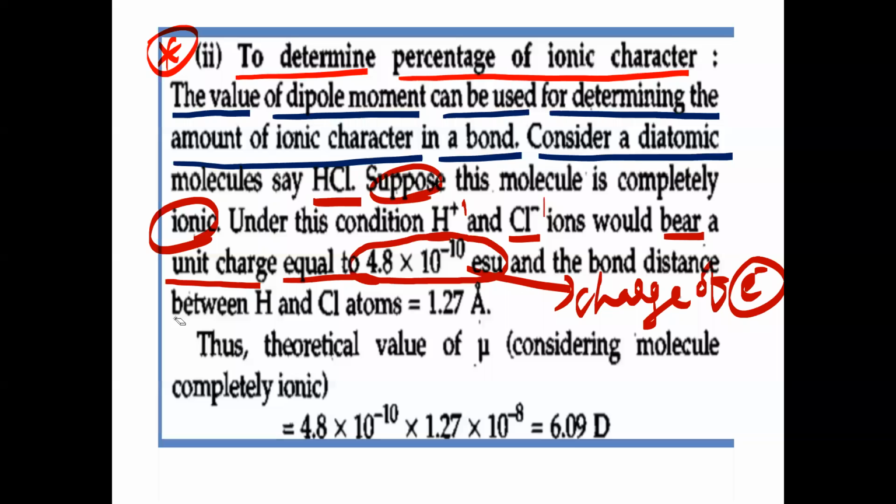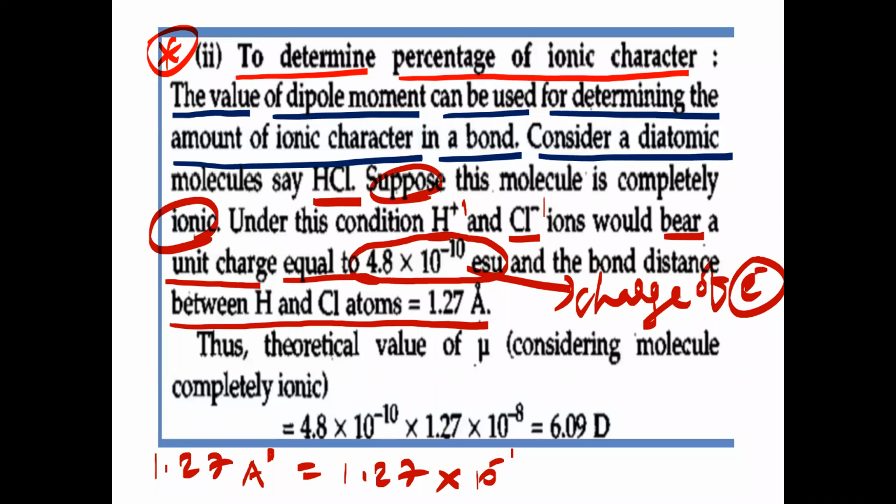And the bond distance between the H and Cl atoms is 1.27 angstroms. So 1.27 angstroms is the bond length. One angstrom unit is equal to 10 power minus 10 meters, or otherwise 10 power minus 8 centimeters.